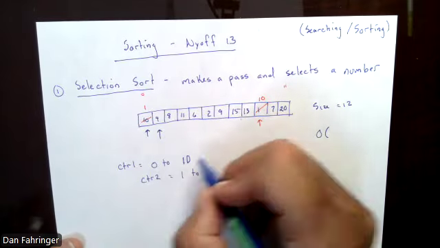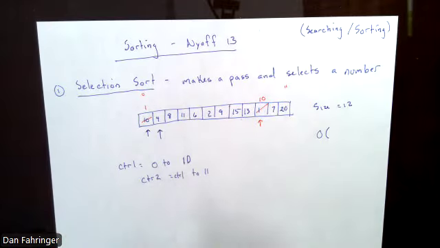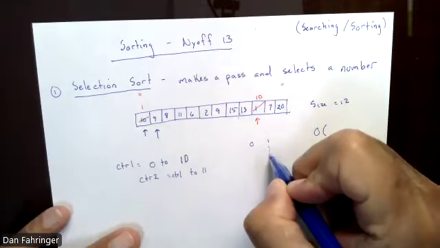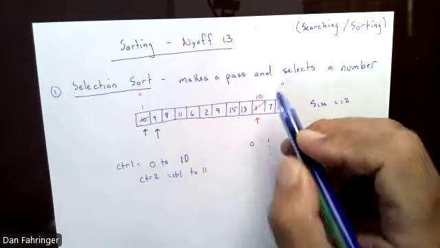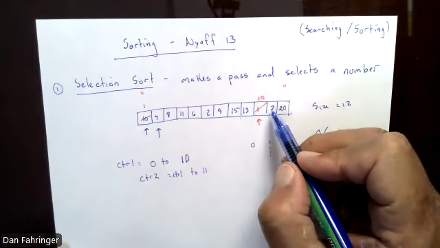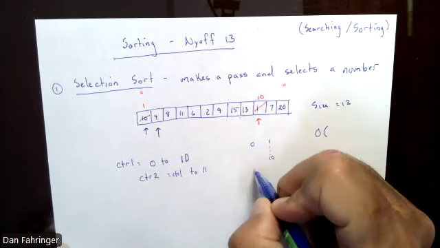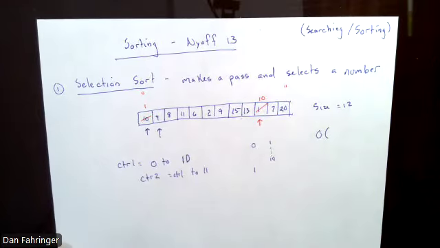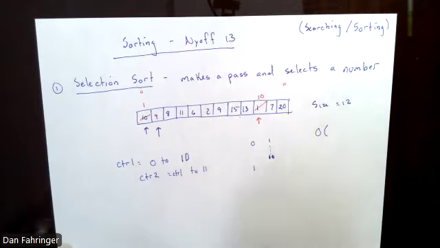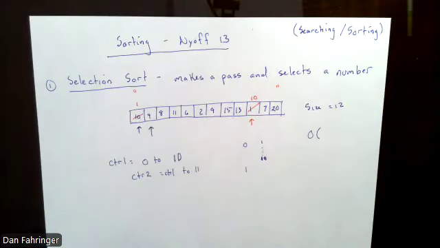My apologies, that should be counter 1 to 11. So, the old school of 0, 1, dot, dot, dot, all the way down to the 10th spot, because eventually I'm going to be comparing 10 and 11. 0 down to 10, 1 to 10, and so on and so on. Excuse me, 11. And then 10 to 11 at the end. Hope I didn't confuse you.